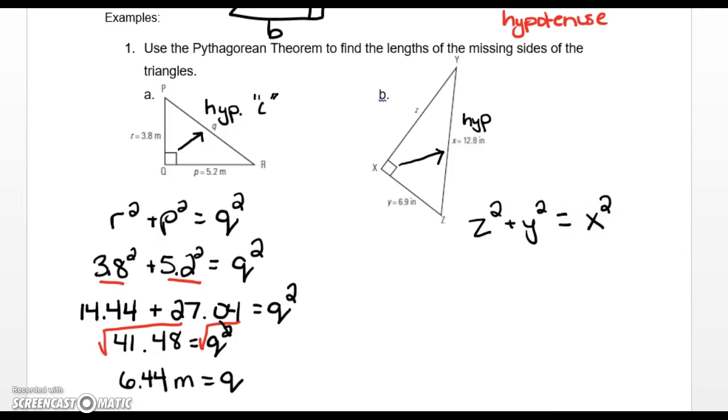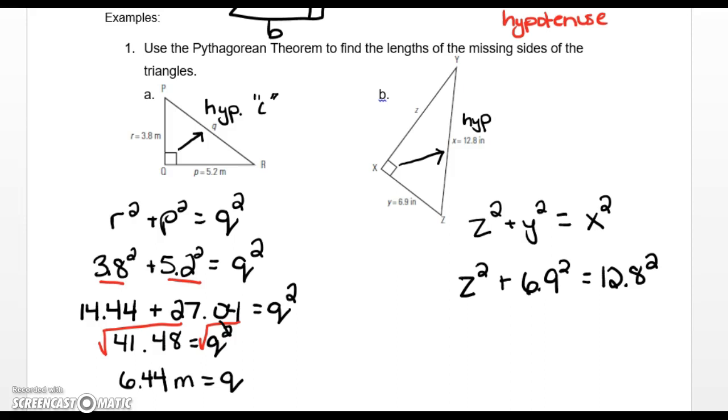Then we're going to fill in the information that we know. We're looking for side z, so we have to leave that as z squared plus y squared, so we have 6.9 squared. That's equal to x squared, which is 12.8 squared. We're going to do the same sort of idea.